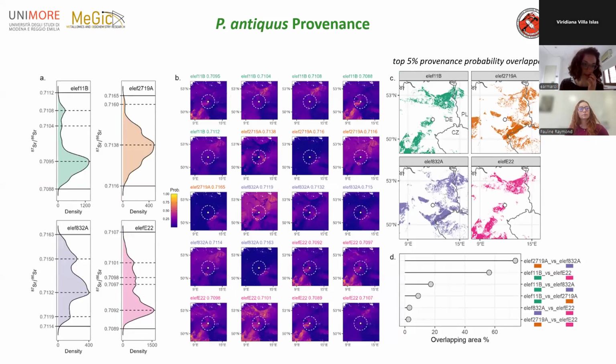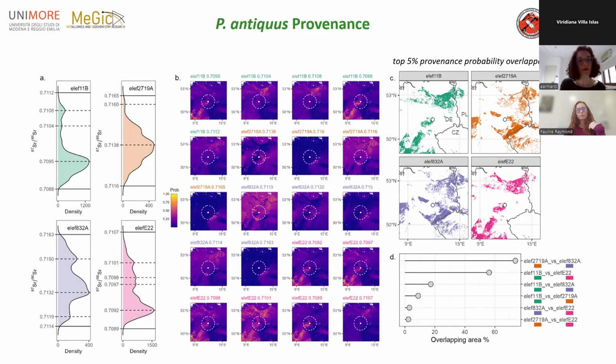So here in greater detail, what we did for all the elephants, we estimated the density. On the left, you see the density plot with the dashed lines representing the modal values, so the values most present in the profiles.